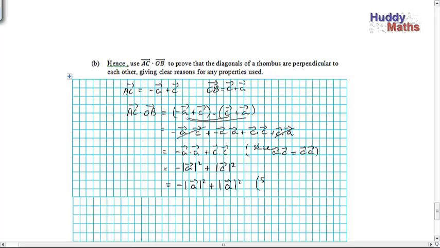Because in a rhombus the length of A equals the length of C. So that equals 0, which implies AC dot OB, we can just put AC and OB are perpendicular.